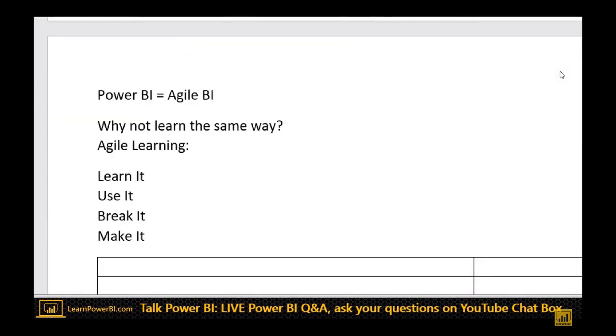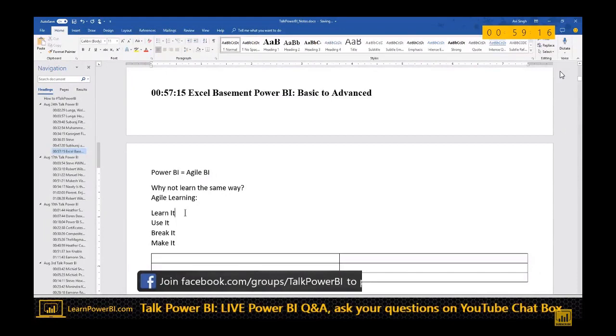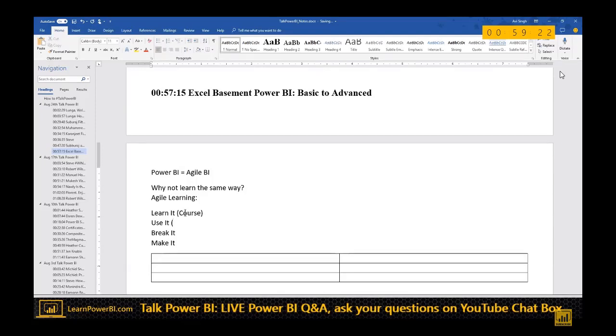So step one is you're going to learn it, and that does need a course. I'll talk about that. And then, of course, you need to use it, through the course examples. Hopefully it does have download files, which, at least my course does. Most courses do. But then with your own data, right? So with course files, but then again, most important, with your own data. That's where the real learning is.